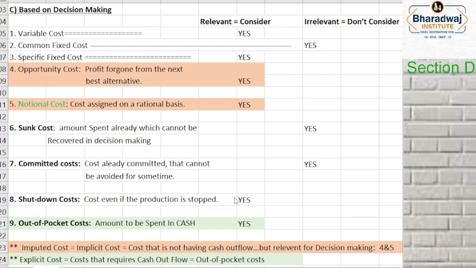So tomorrow we'll continue with grouping of cost and working out cost for different products.